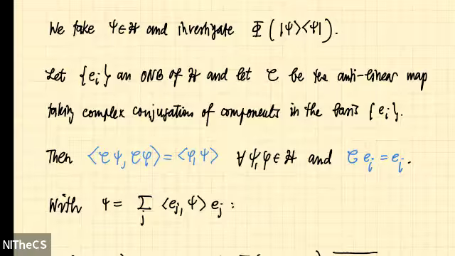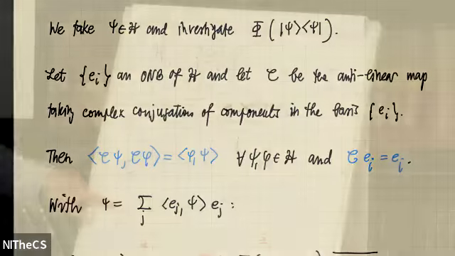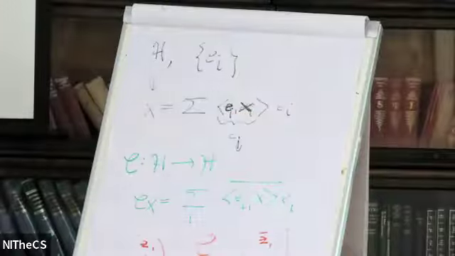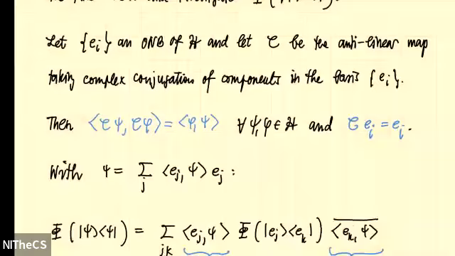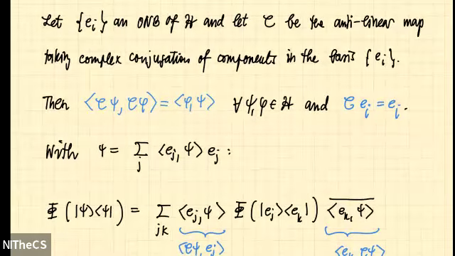Like C applied to the complex number i times this vector is minus i times C of this vector, because you take complex conjugation. Of course, because the components of each basis element with respect to its own basis are just a 1 in some place and zeros everywhere else, C doesn't affect any of the basis elements. It leaves the basis invariant.